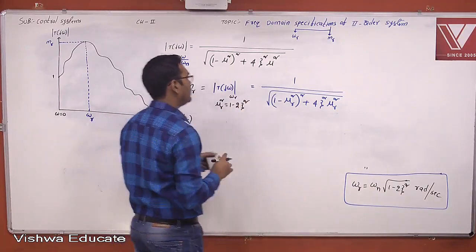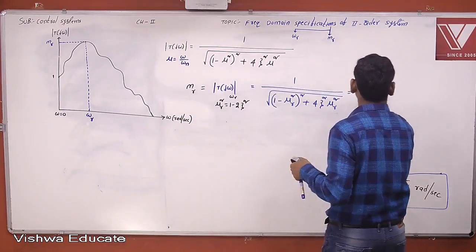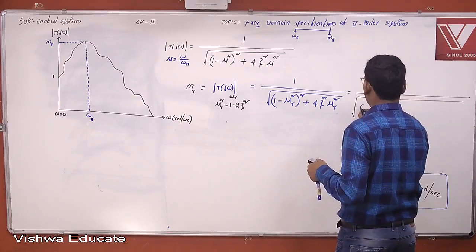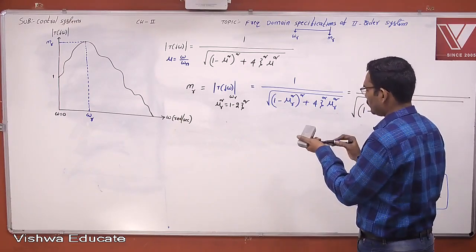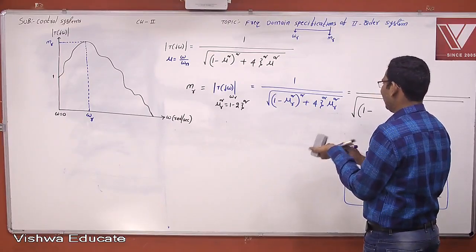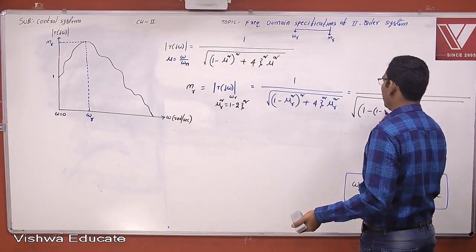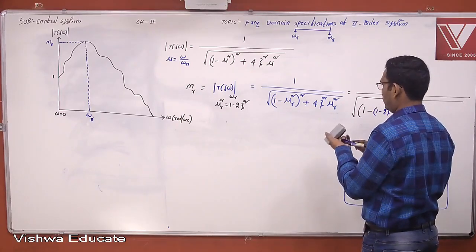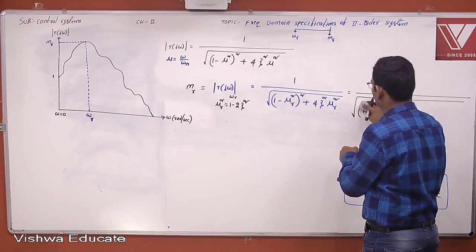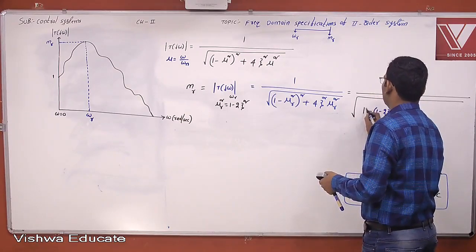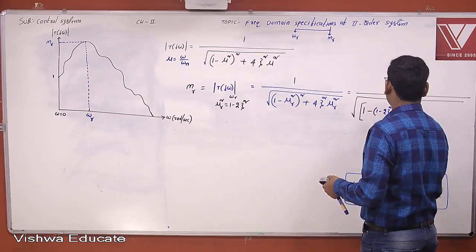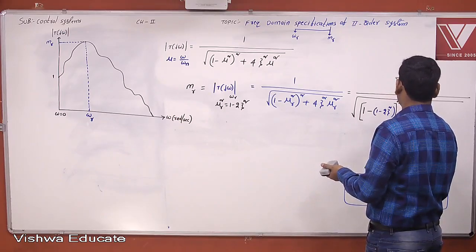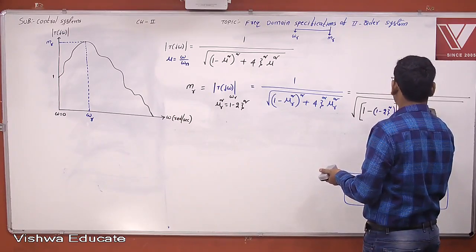If you substitute directly, you get 1 divided by square root of 1 minus mu r square, whole square, plus 4 zeta square mu r square.